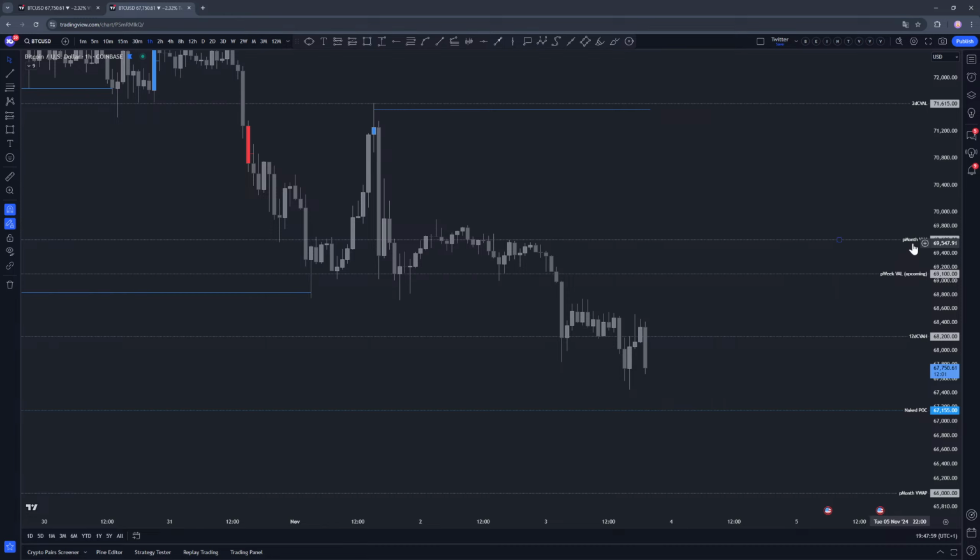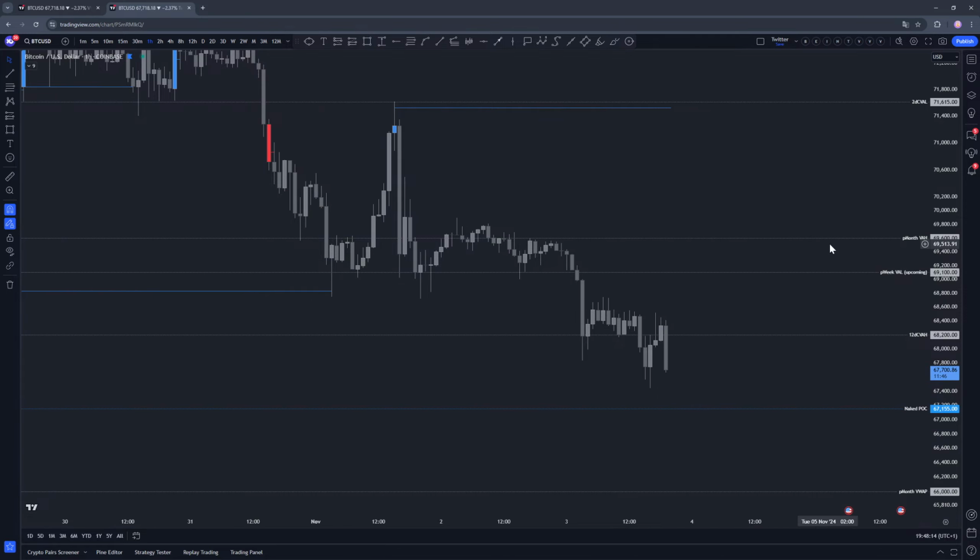So this level is almost identical to the 5-month value high around 69,420. It's 140 points higher, or what is it? So I'm going to be using this. That does not mean that it's not relevant, but I've just removed it from the charts and fine-tuned it towards the previous month value high.